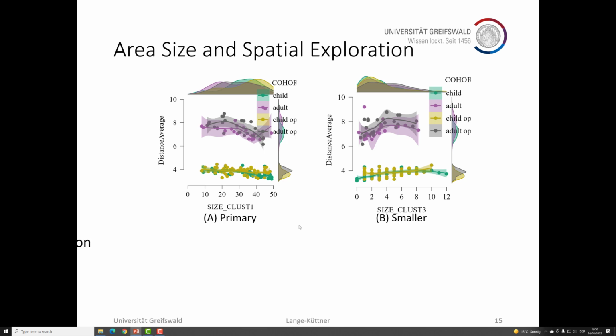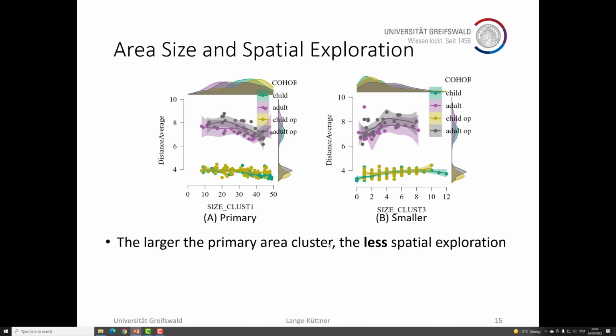This is now a visualization in order to find out what these correlations actually mean. What we can see here is the pink and the gray curves. These are the adults and the adult opponents, and the yellow and the green are the child and the child machine opponent. This is cluster 1, the primary cluster, and this is cluster 3 as a representative of the smaller clusters.